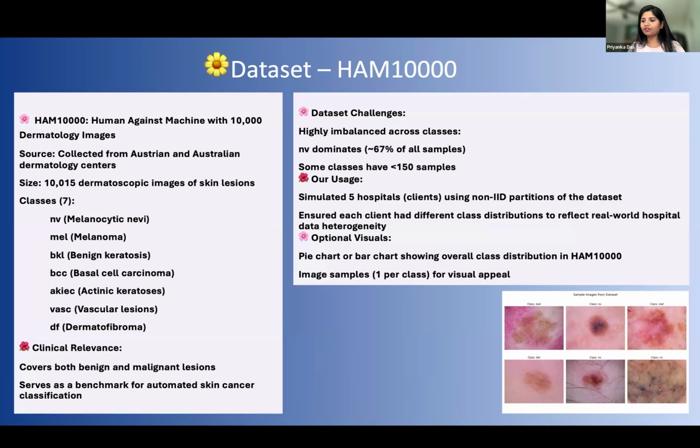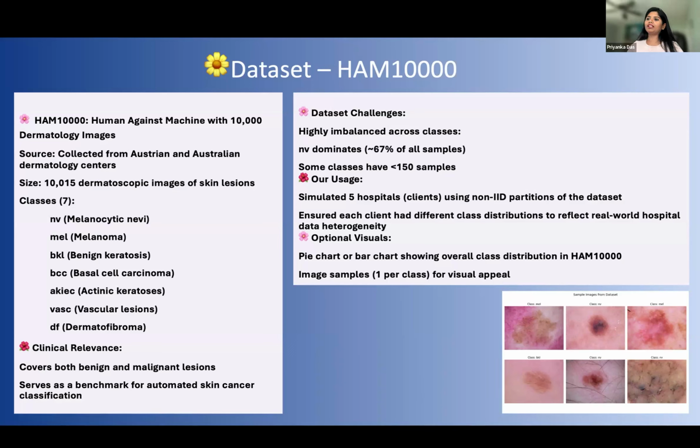These images were collected from Austrian and Australian dermatology centers, making it a strong benchmark for automated skin cancer classification. The seven classes include melanocytic nevi, melanoma, benign keratosis, basal cell carcinoma, actinic keratosis, vascular lesions, and dermatofibroma.